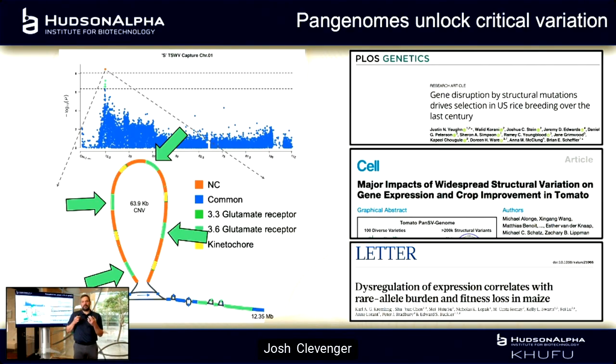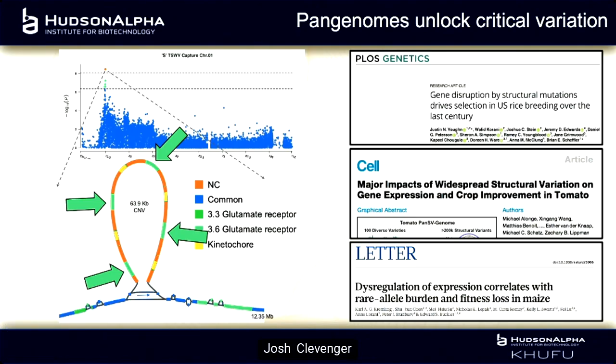Now, if you've worked with pangenomes or seen presentations about pangenomes or thought about them in any way, you know that there's not a great way to show them on a slide. And you can use those subway tube maps or some of the other graph-based illustrations. They kind of just seem like a big mess.